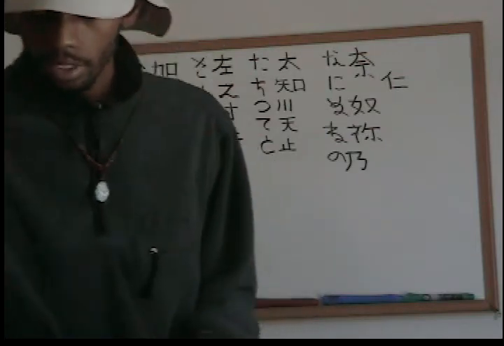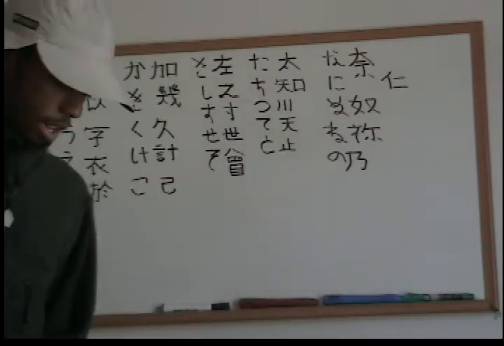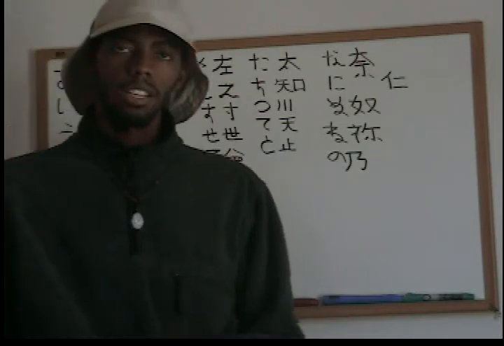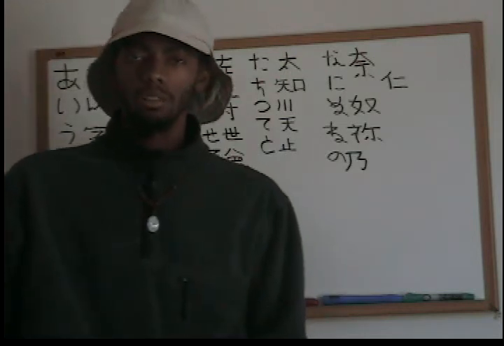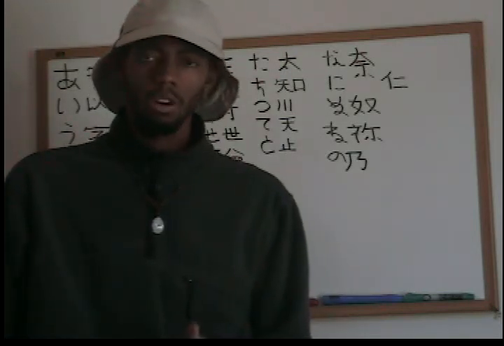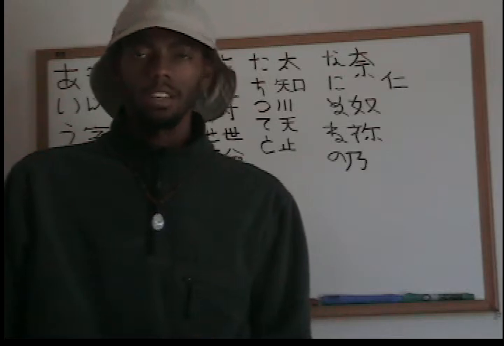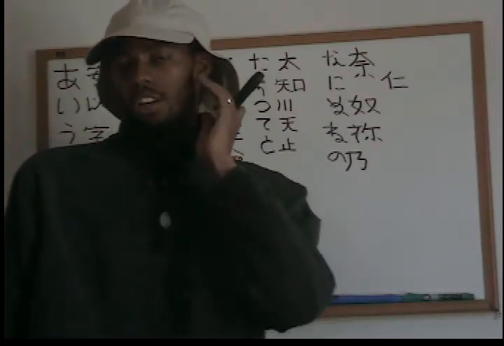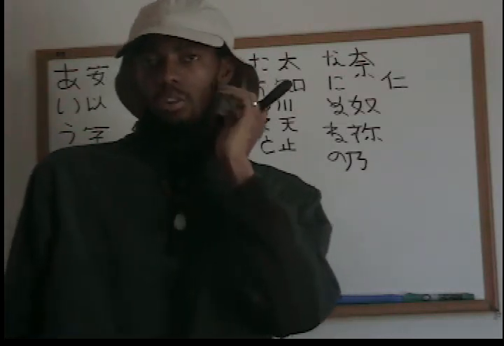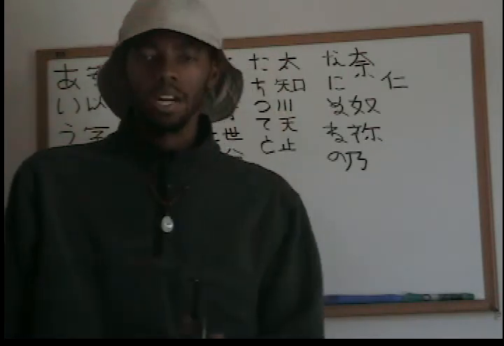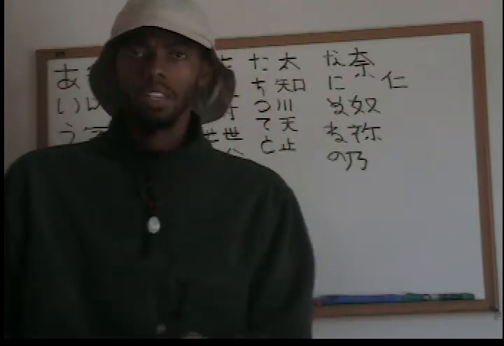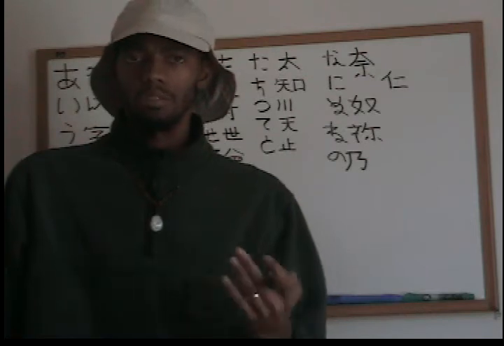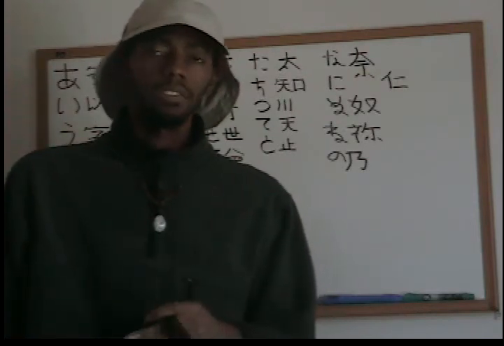Okay. So first of all, we all know that both Hiragana and Katakana are from Kanji. The Hiragana came from cursive writing, and the Katakana were just parts of Chinese characters.